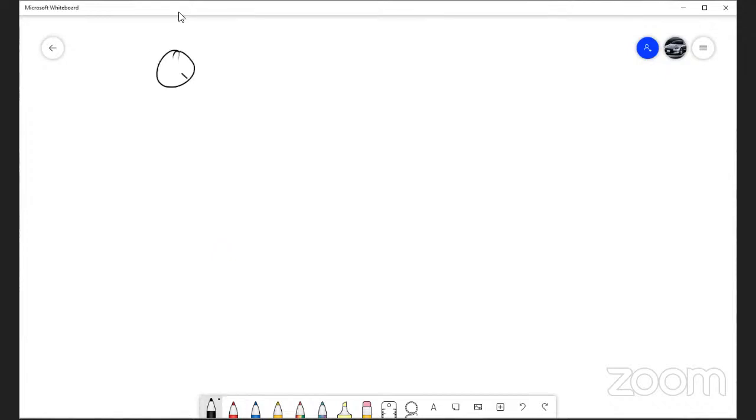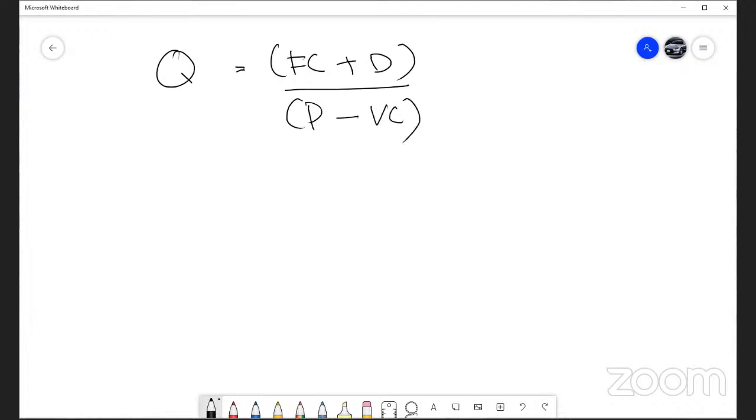Accounting break even means they want you to use this formula: quantity equals the first equation that we used just now, fixed cost plus depreciation, divided by the selling price minus your variable cost. For the first question, they give you 95,300.